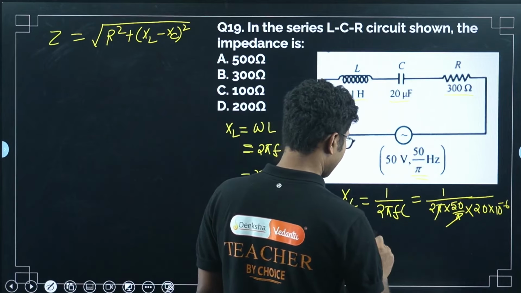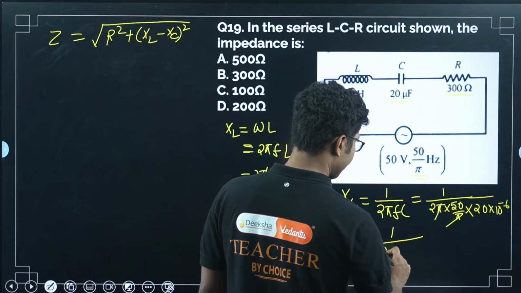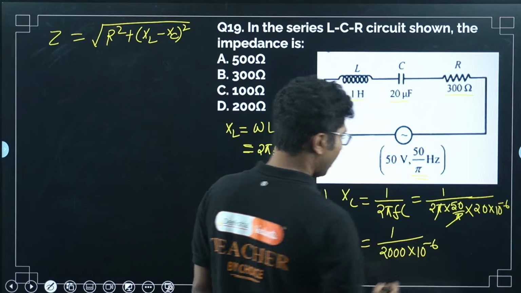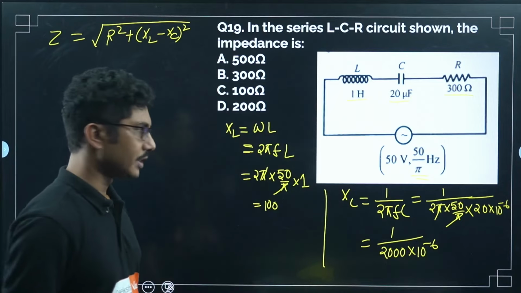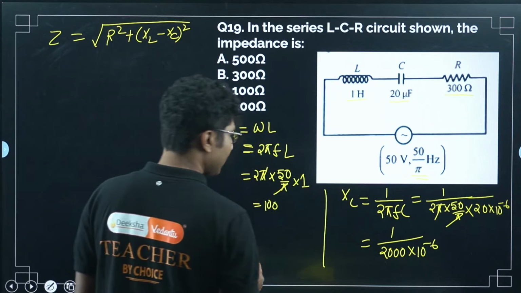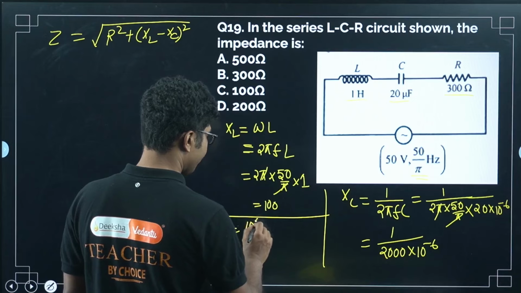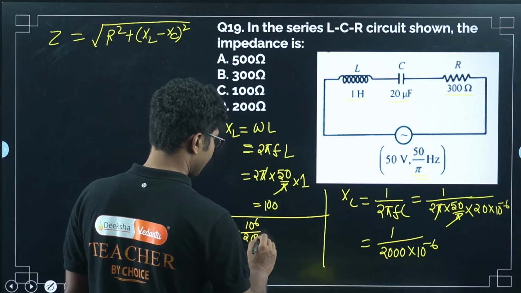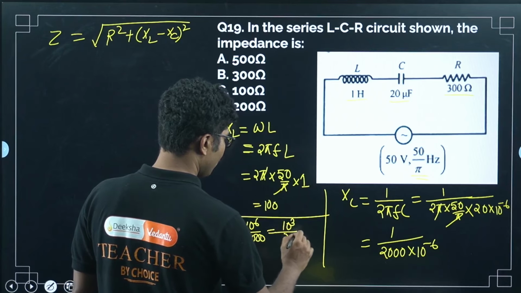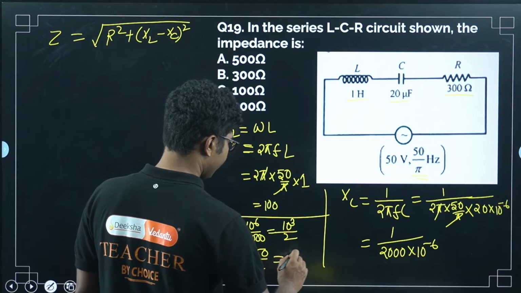So 50 times 100, 100 times 20 is 2000, right? So now XC will be 10 to the power of 6 divided by 2000, that is 10 to the power of 3 divided by 2, that is 1000 divided by 2, that is 500.